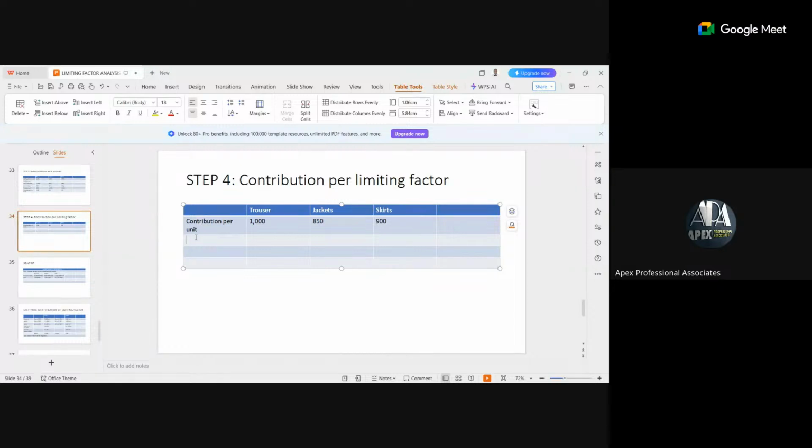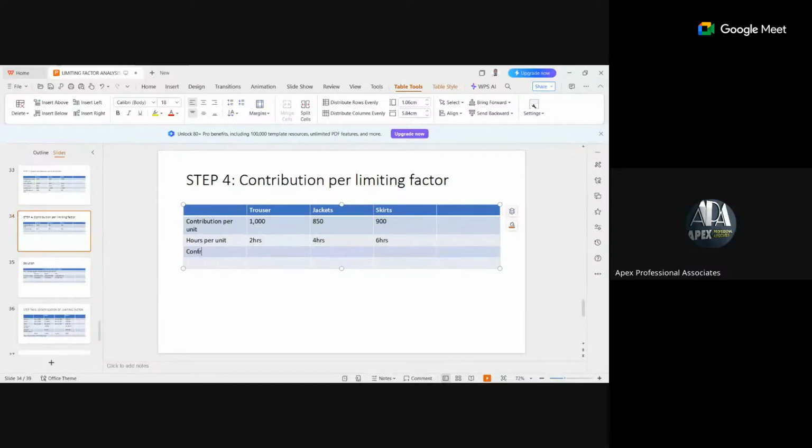The limiting factor is hours, isn't it, in relation to type 1? So how many hours do you need to produce one trouser? 2 hours. For jackets, 4 hours. And for skirts, 6 hours.